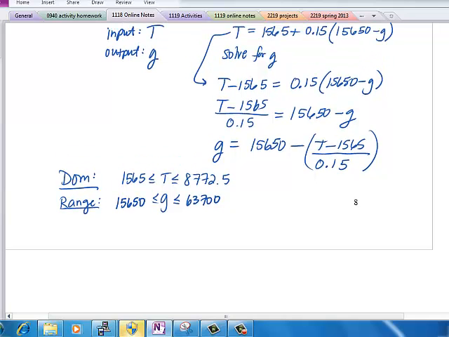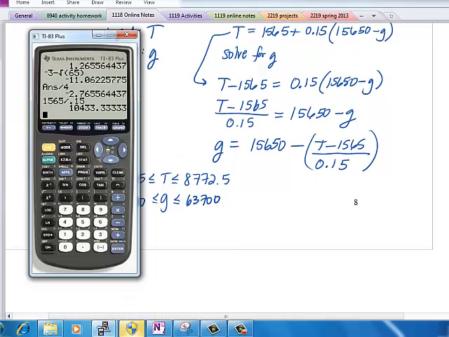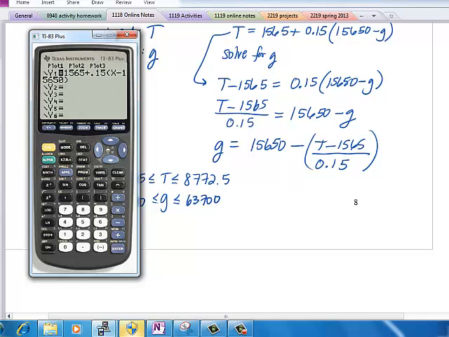And we could just take a look at those graphs and make sure that they're symmetric across the line y equals x. So we already have the first one entered. Now I'll do 15650 minus x minus 1565, that quantity divided by 0.15.